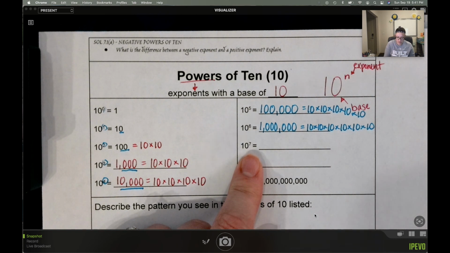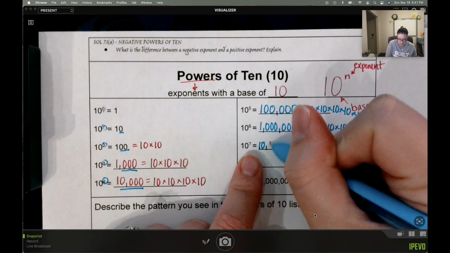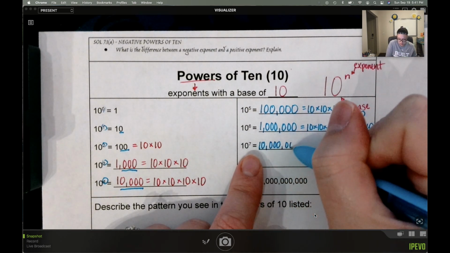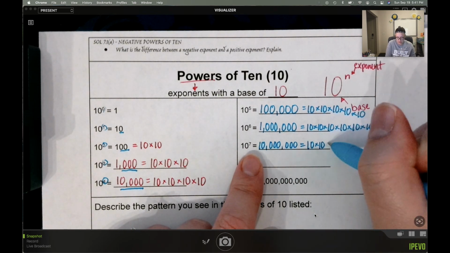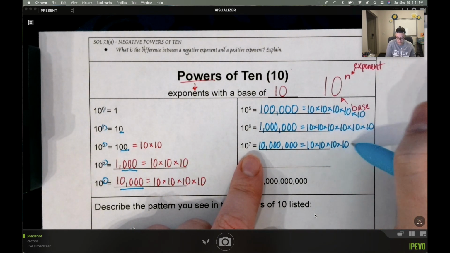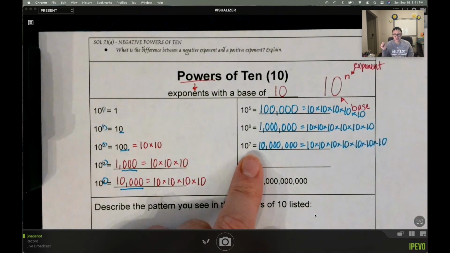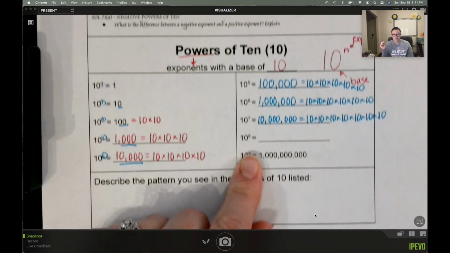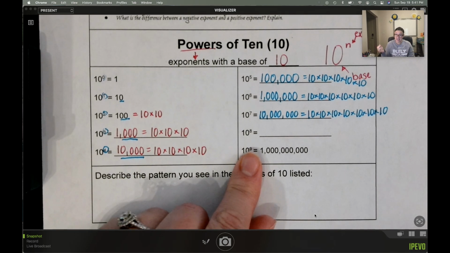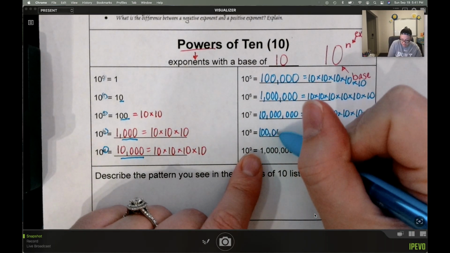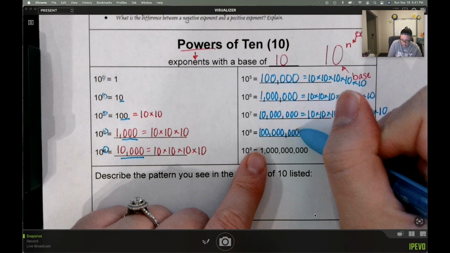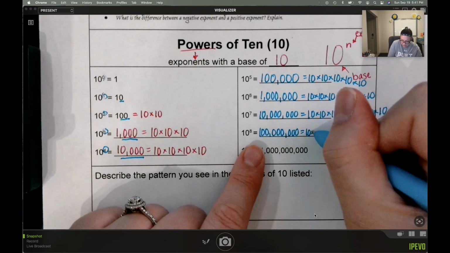10 to the seventh would be 10 million, which would be multiplying times 10 7 times. I ran out of space on the side, that's okay. 10 to the eighth power would be 100 million, multiplying times 10 8 times.